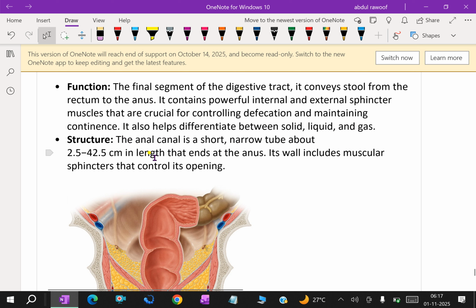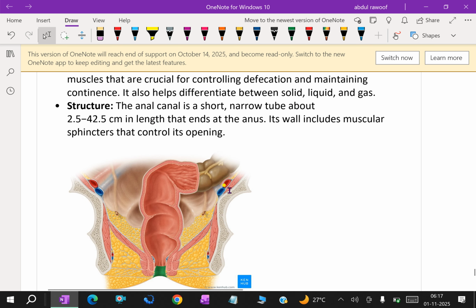What about structure? The anal canal is a short, narrow tube about 2.5 to 4.25 centimeters in length that ends at the anus. It includes muscular sphincters that control its opening.